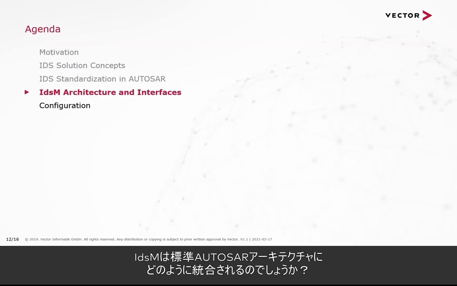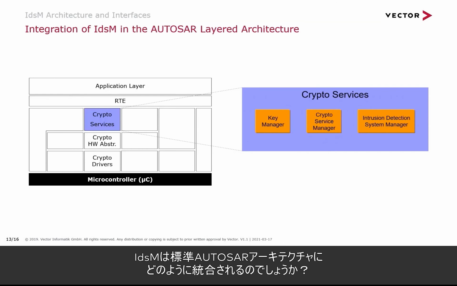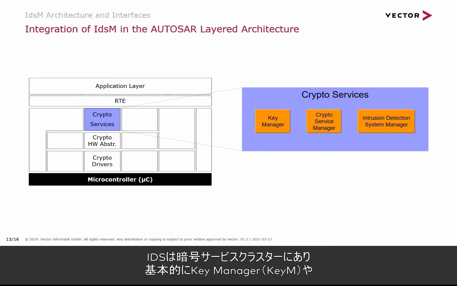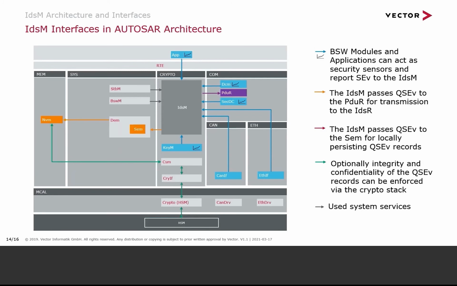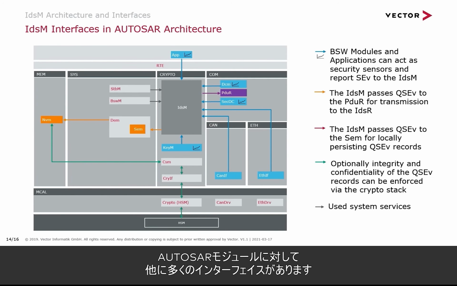How does the IdsM now integrate into a standard AUTOSAR architecture? The IDS is allocated in the crypto services cluster, basically on the same level as the key manager and the crypto service manager. It can have a number of interfaces to other AUTOSAR modules.